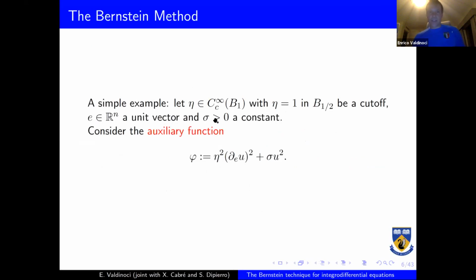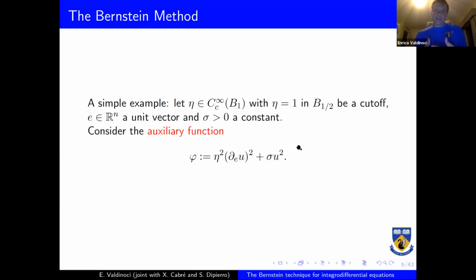Say, for simplicity, you take eta to be C infinity compactly supported in B1, which is 1 in B1 half, and you fix a vector, say E, and you take a large constant sigma. And the auxiliary function, the simplest auxiliary function you can think of, is the cutoff square times the derivative of the solution square plus sigma times the solution itself square.